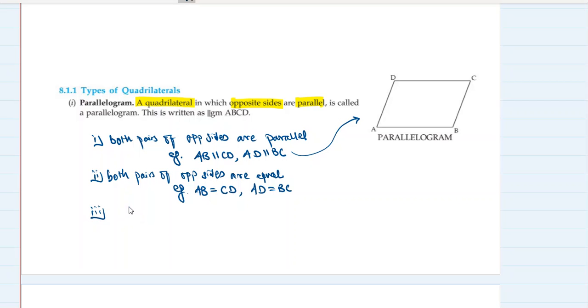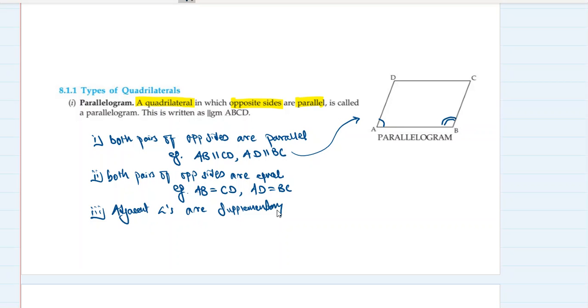Next, adjacent angles are supplementary. What do you mean by adjacent angles? See, angle A and angle B are adjacent angles. So they are supplementary.